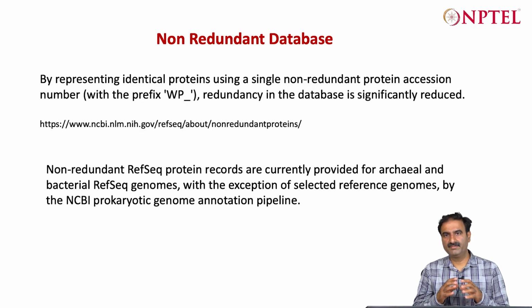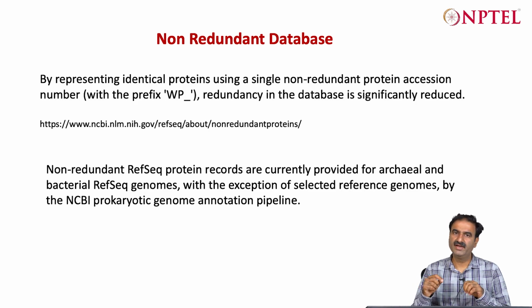For example, there is a protein which is composed of, say, amino acids. The exact chain of amino acids is present in several genomes as identical sequences, and you would expect that genomes which are very close to each other, showing identity at the strain level or the species level, sometimes have the exact sequence of those amino acids.